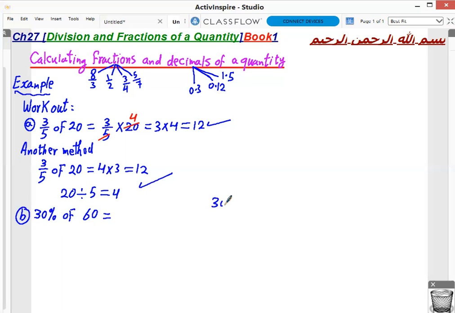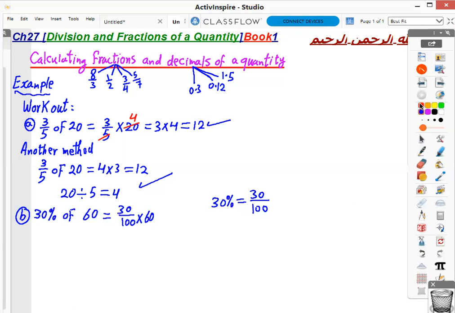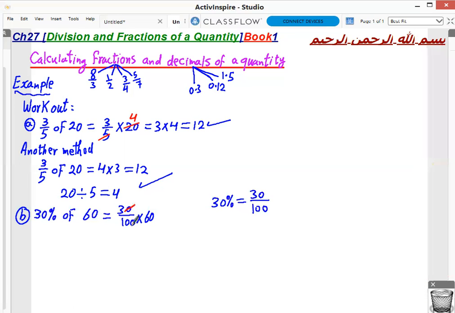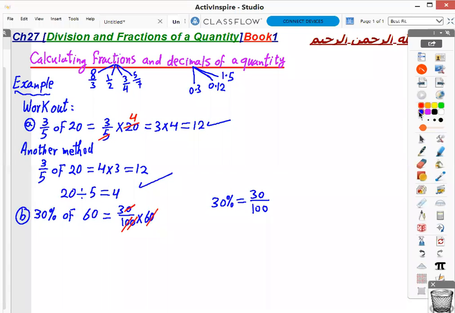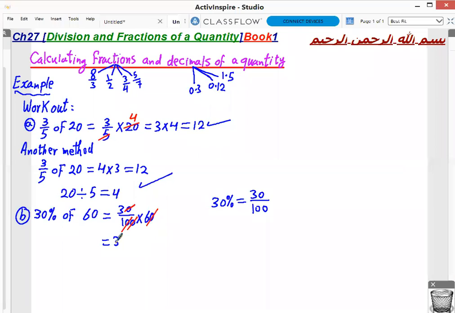If you write 30%, it will be 30 over 100, times 60. Then you can calculate it. You cancel 0 with 0, and the second 0 goes here. Then our answer will be 3 times 6. The final result is 18. Now we understand.